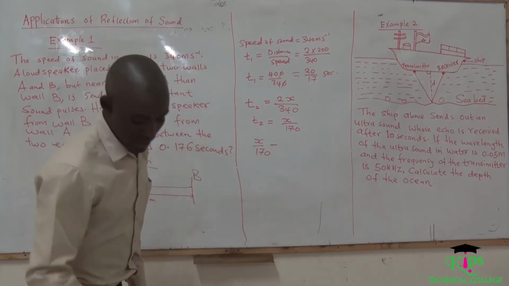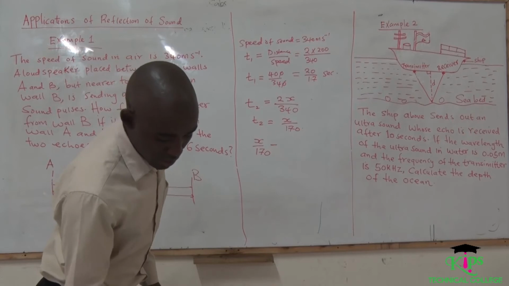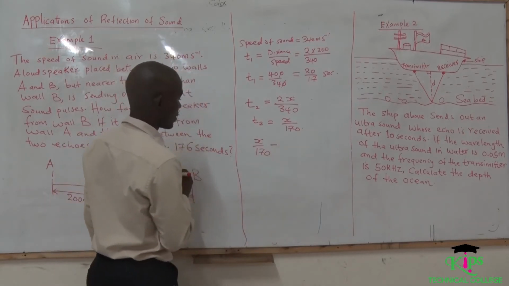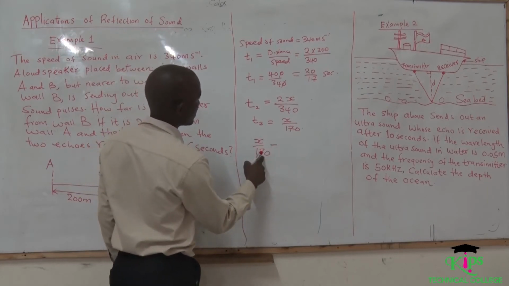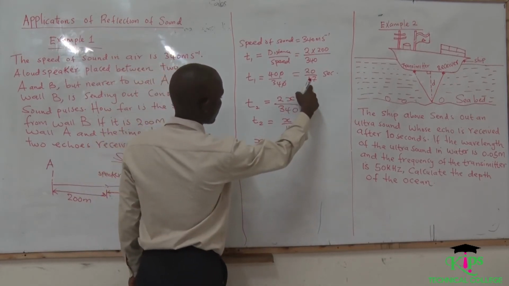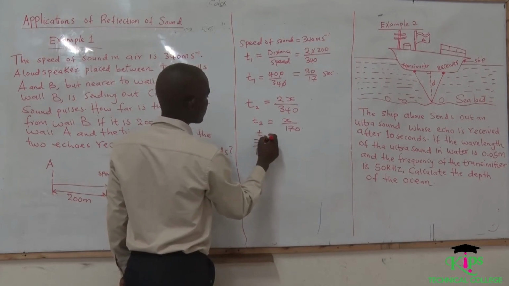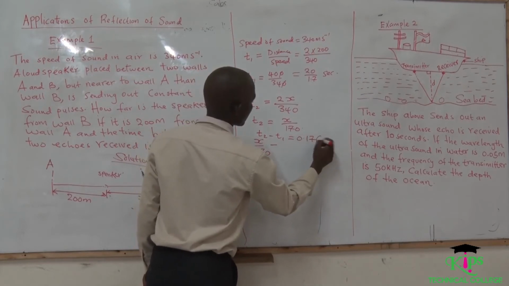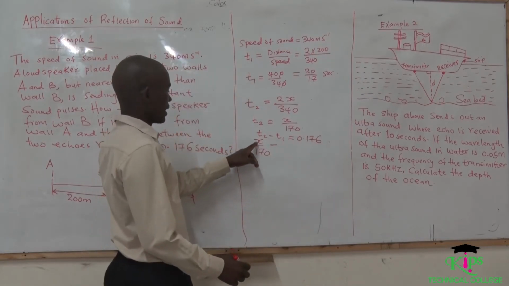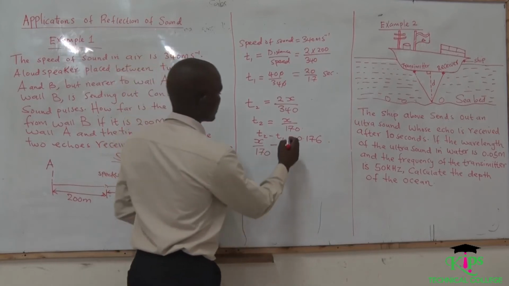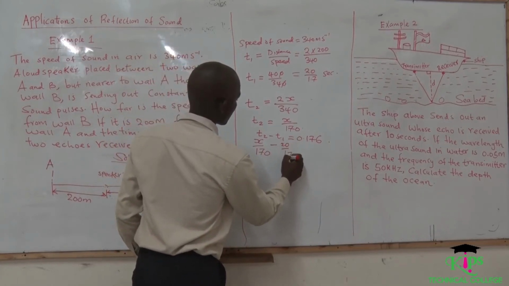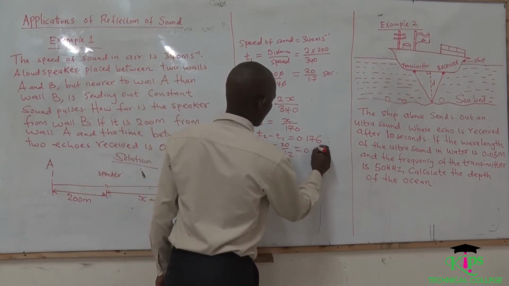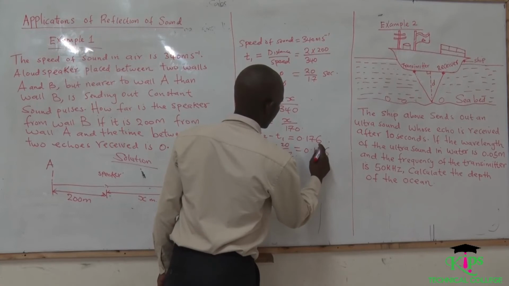So basically we are saying if you take T2 minus T1, you will be able to get 0.176. So our T2 is x over 170, our T1 is 20 all over 17, which will be equal to 0.176.